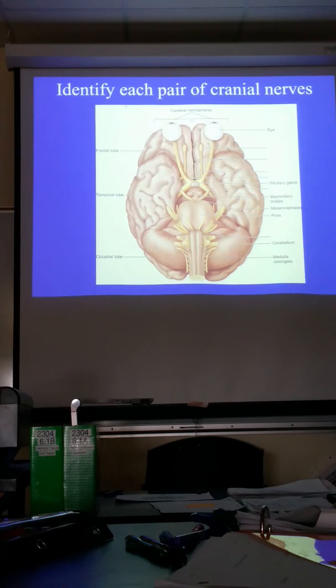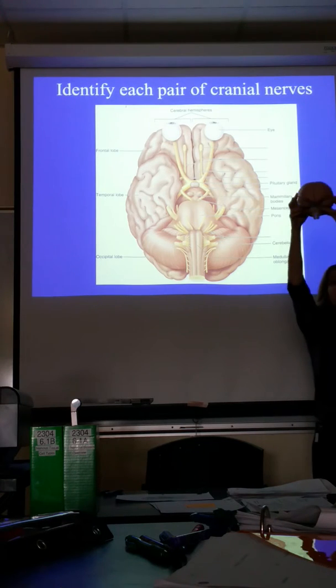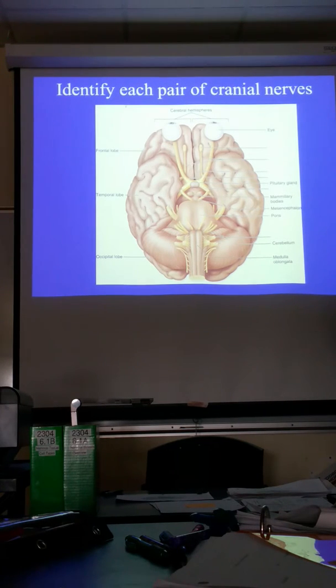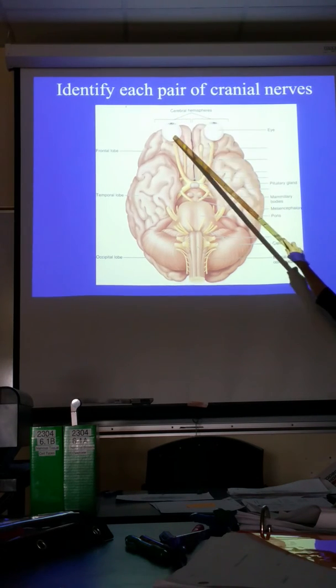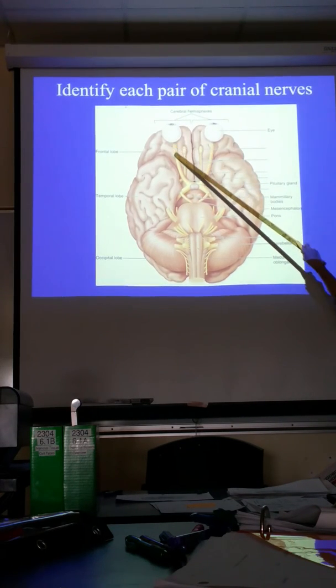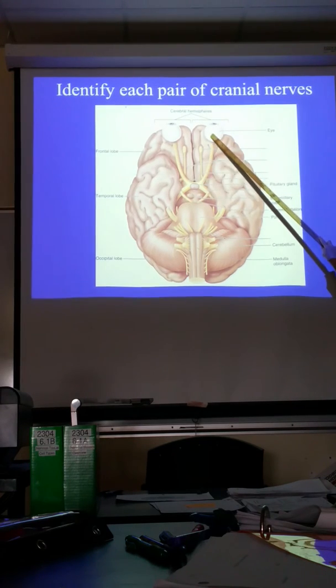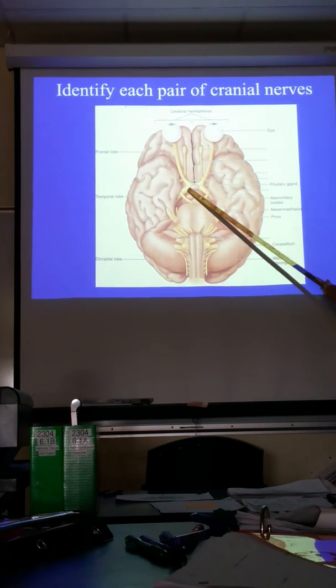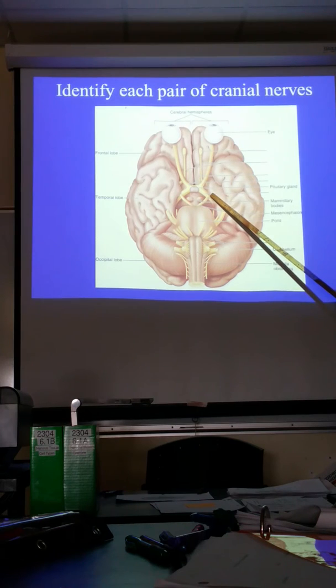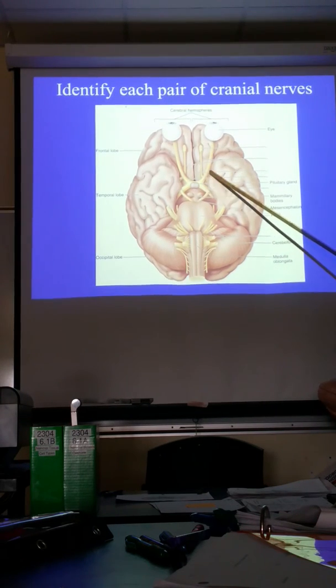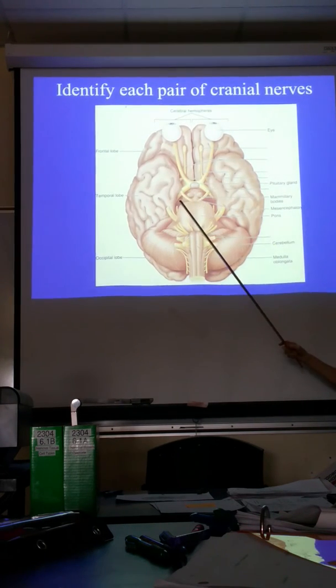Everybody look up for a second. I'm looking now at the bottom of it. And at that bottom, I see the bottom of the eyes. Can you see the optic nerve coming from the eyes? Can you see where the optic nerves cross? That cross is the optic chiasm.